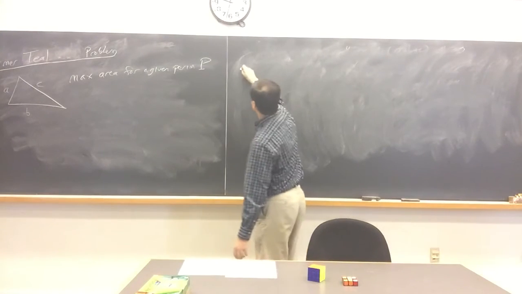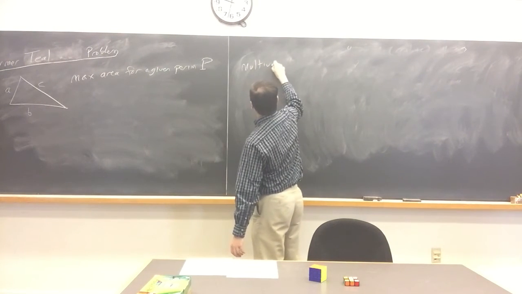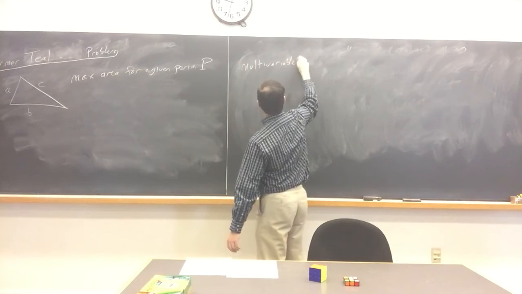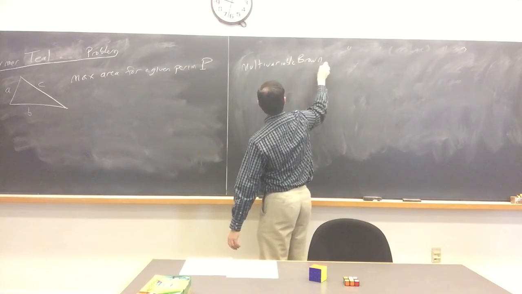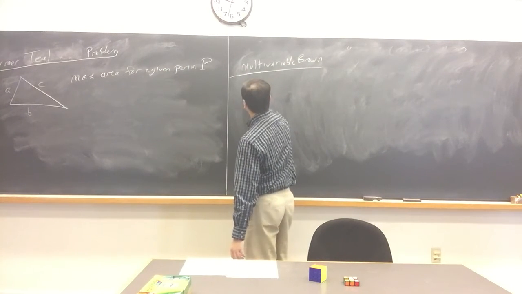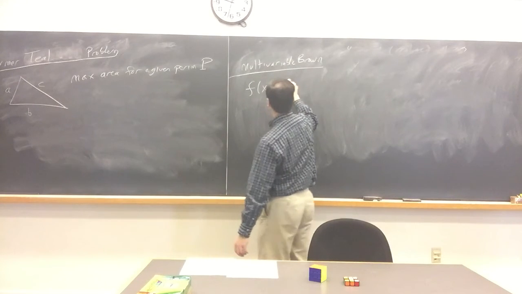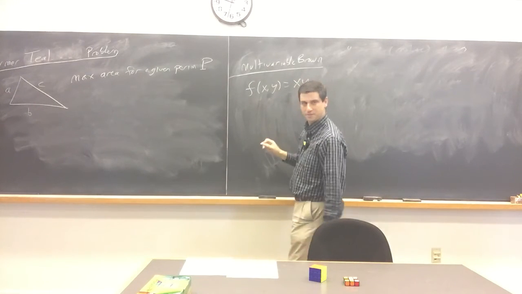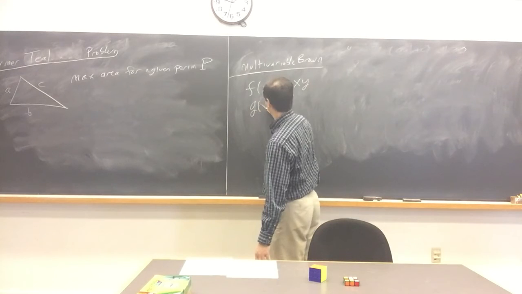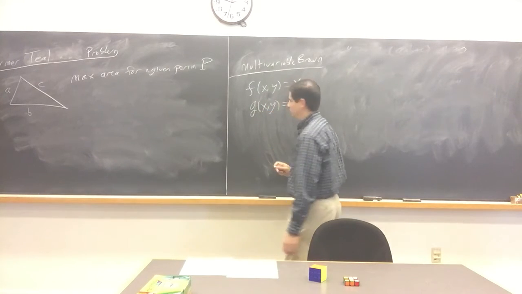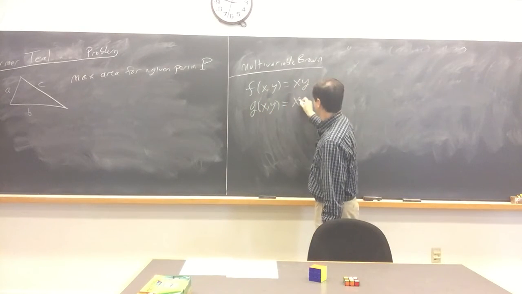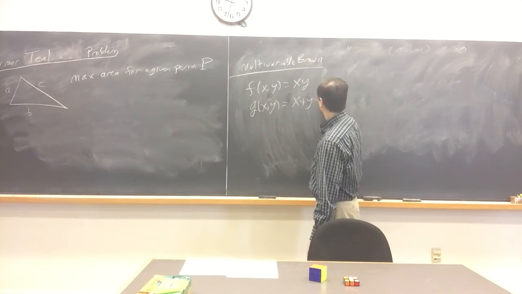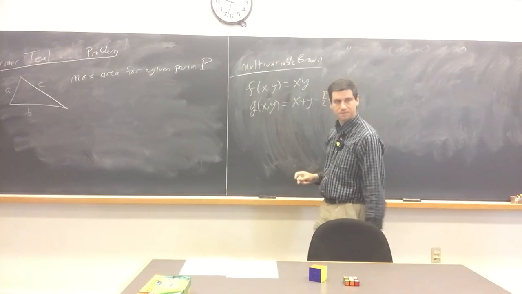So what we could do is multivariable Brown. We could have f of x, y, which will be the area, is x times y. And the constraint, g of x, y, is equal to x plus y minus P over 2 equals 0.